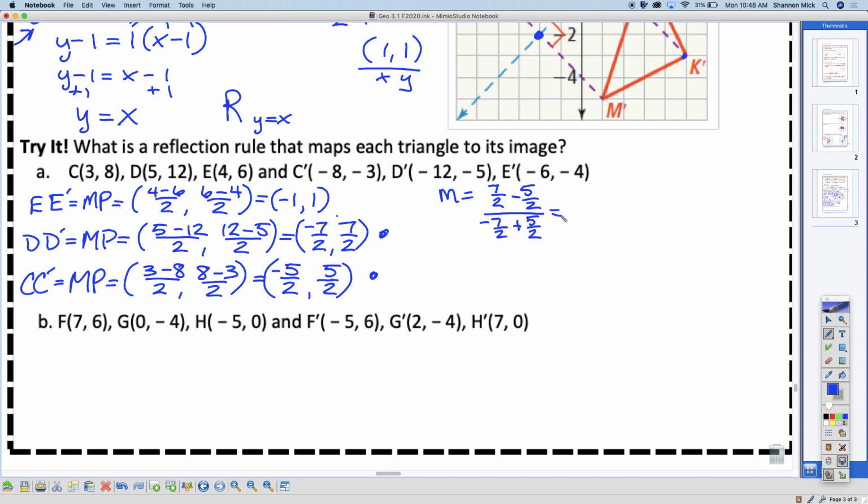Oh, wait, never mind. Okay. So in the numerator, I get 2 over 2. And the denominator, I get negative 2 over 2. So what's the whole thing equal? Negative, because the bottom one's negative and the top one's positive.